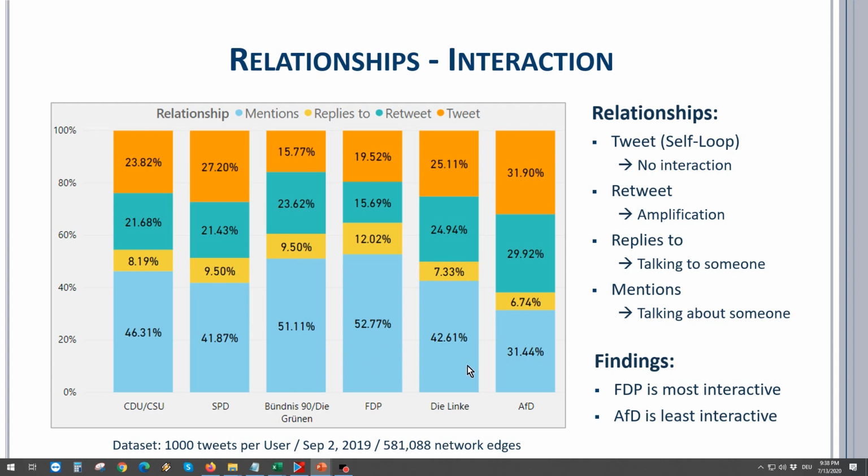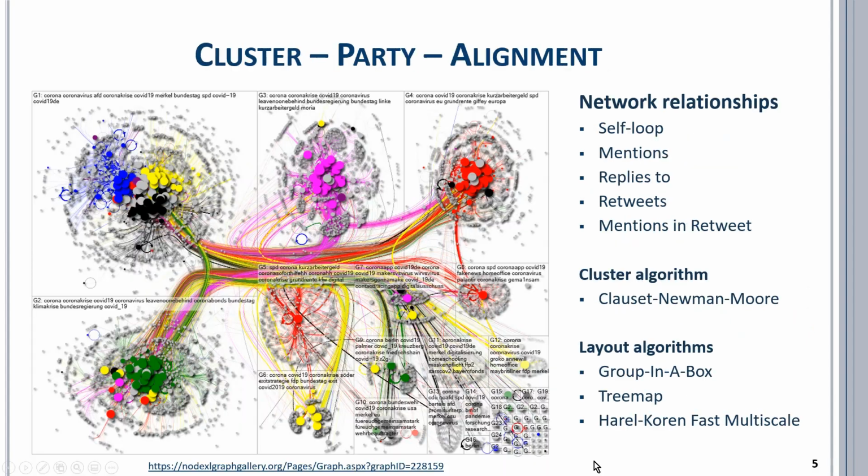And we see that the FDP, the liberals, they have around 65% of replies and mentions, which I then define as most interactive. Opposing to that, we look at the AfD, and they have just 38% in this category, which means the AfD is the least interactive party.